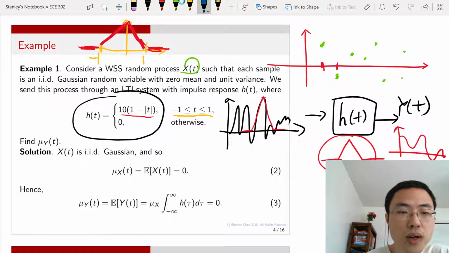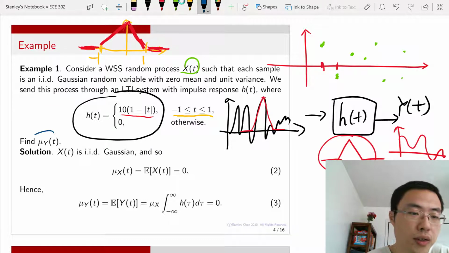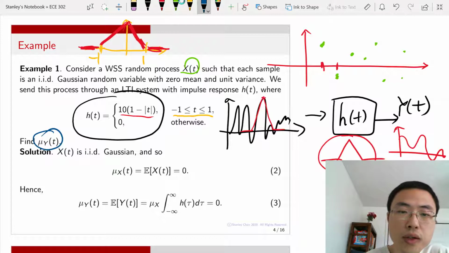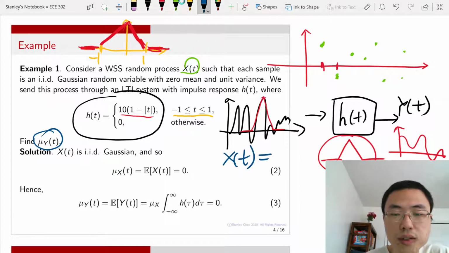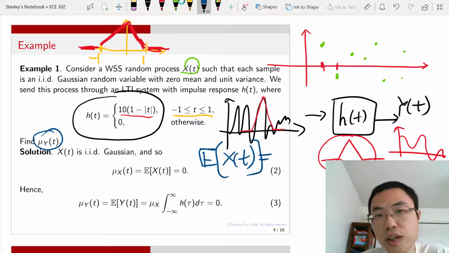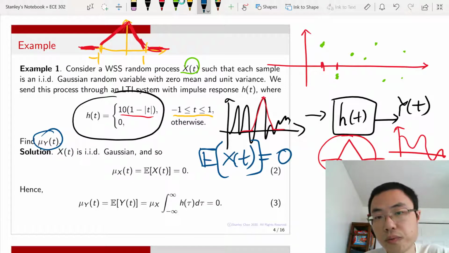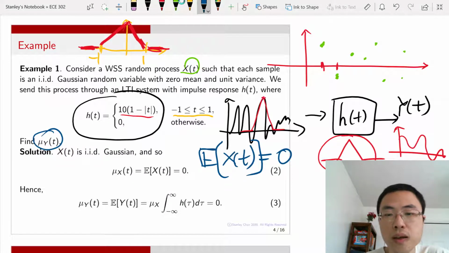Okay, so let's go back to our problem. Our problem is, what is the mean of this y? Well, let's look at the input. If you take the expectation of the input x of t, since it is an IID Gaussian process with 0 mean, it has to be 0.